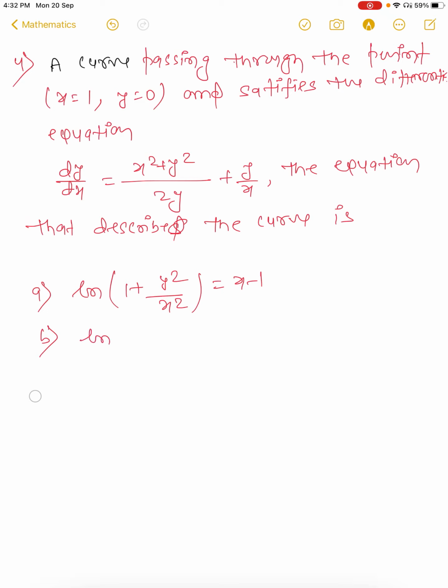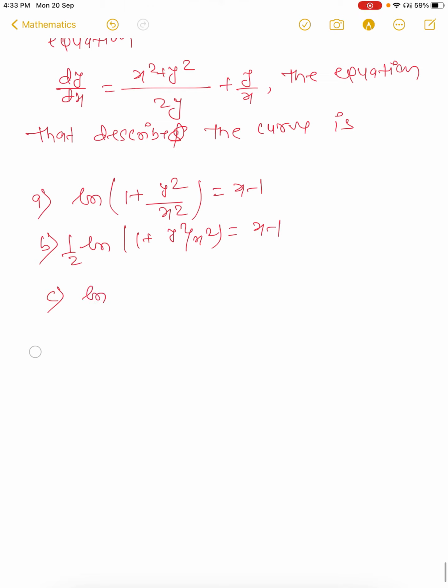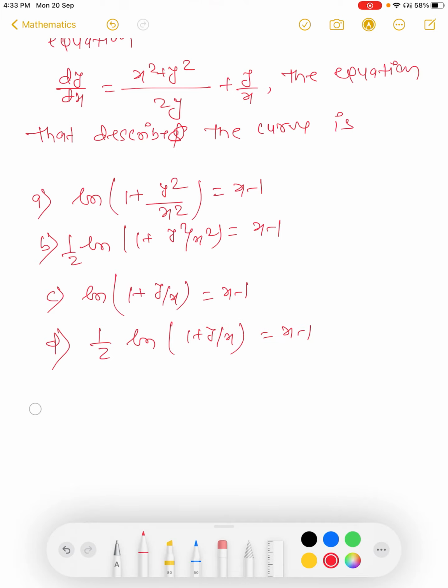B, half ln of 1 plus y square upon x square is equal to x minus 1. C, ln of 1 plus y by x equals x minus 1. D, half ln of 1 plus y by x equals x minus 1. Let's see the solution.